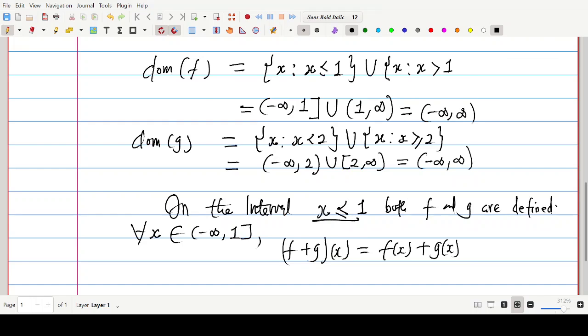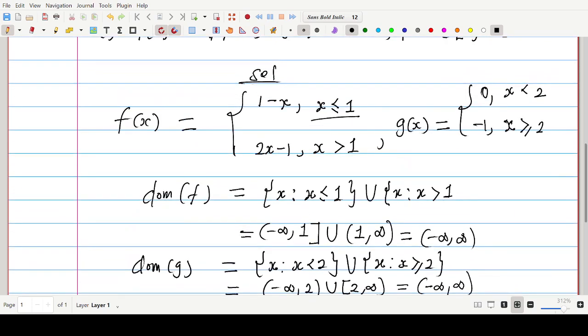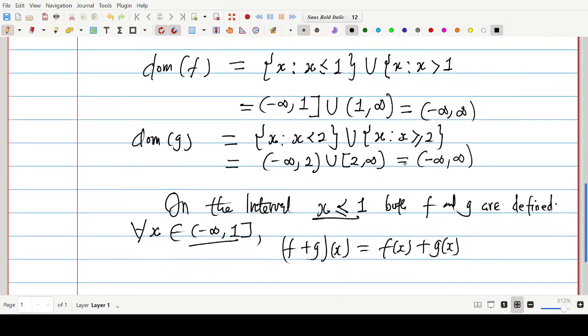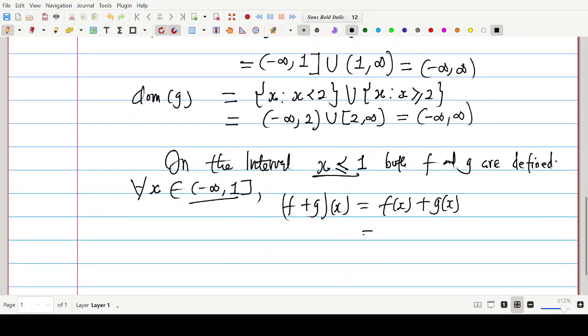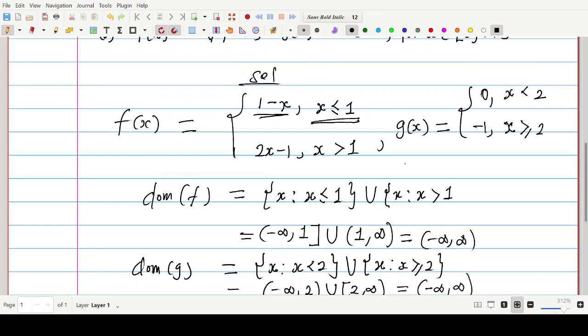All right. Now, on this interval you see here, if you look at the function defined in piecewise form, you see that on this interval, the value of the function is 1 minus x. So I can come here and write for f of x, 1 minus x, plus, for g of x, under the same interval, don't forget x less than or equal to 1 is contained in this interval.